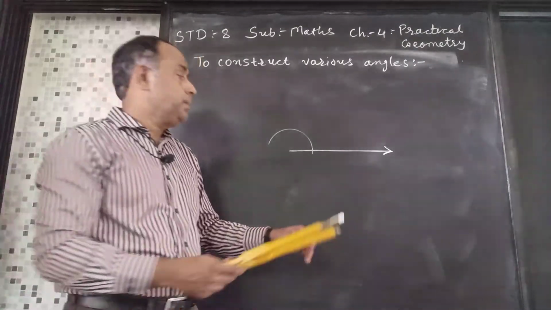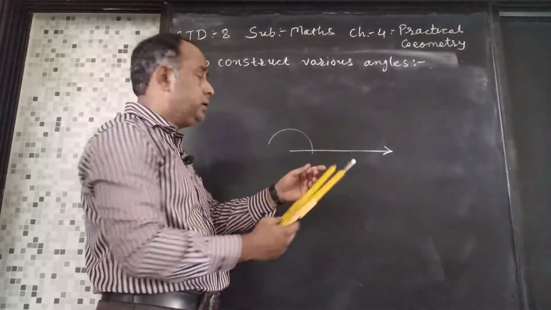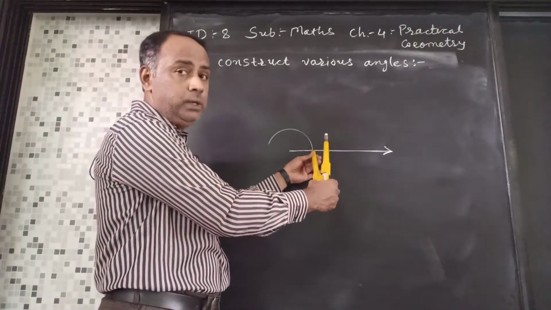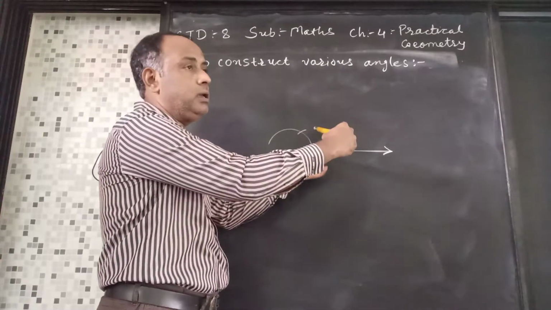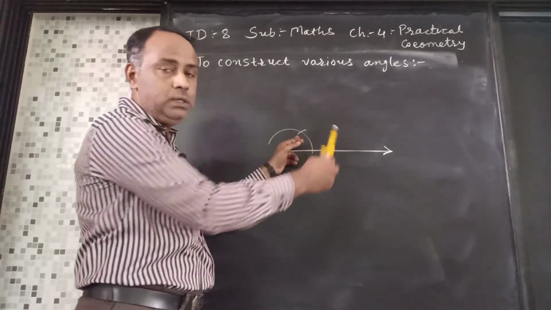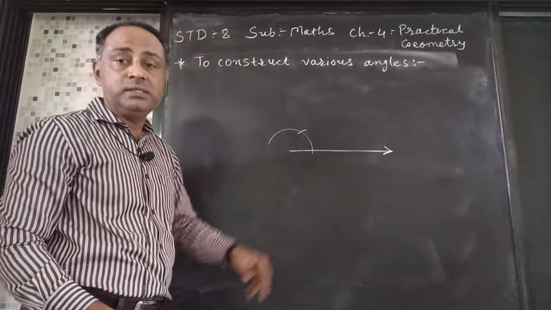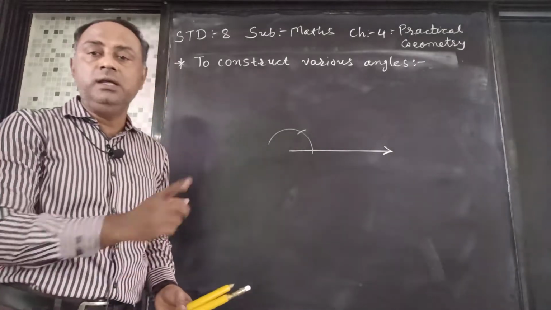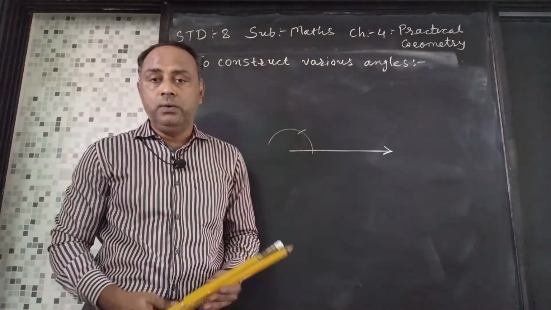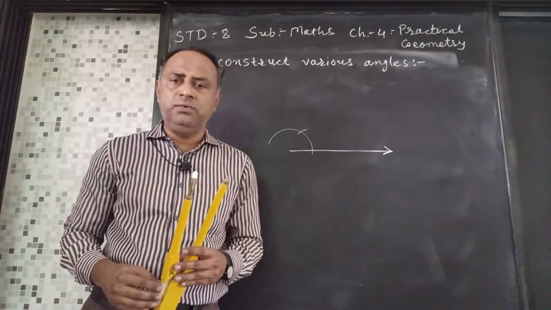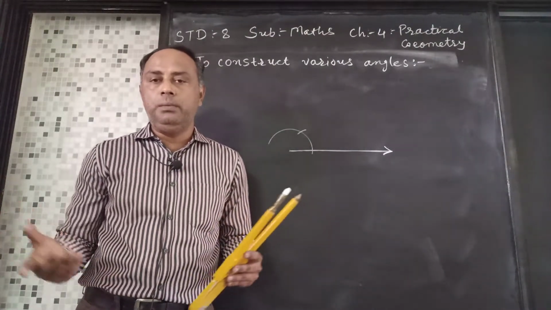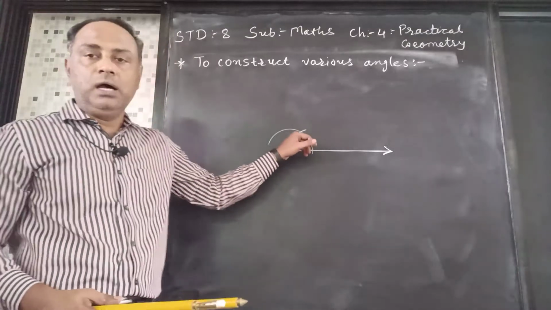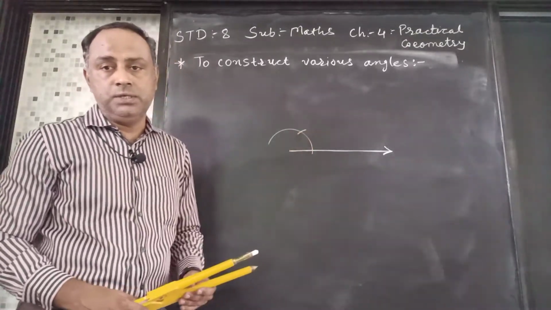So keeping this pointer part over here at 0 degree, I'll be marking here. Can you see the arc is created, and this is the very first angle, the 60 degree angle is created. Okay, by default it comes itself. You need not bother about how it comes. But a simple way to remember is that the very first arc gives you an angle of 60 degree.